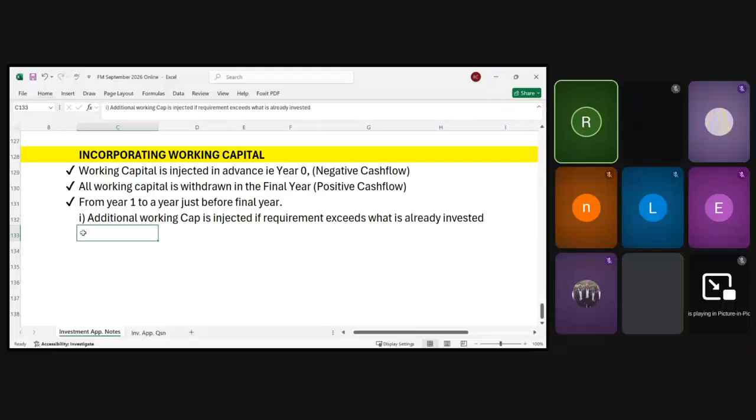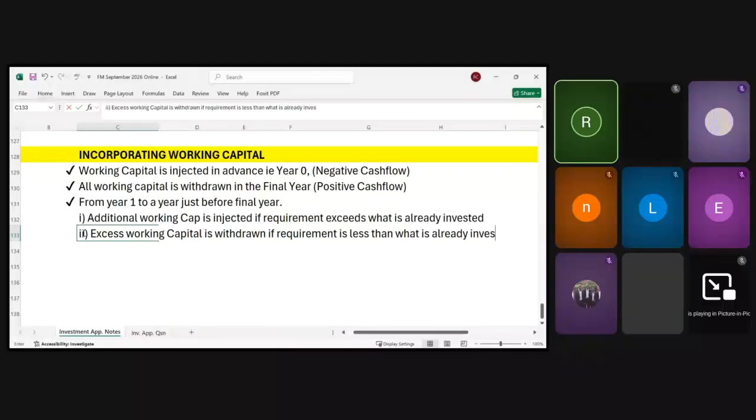And it's not always the case that we need additional. Excess working capital is withdrawn if the requirement is less than what is already invested.